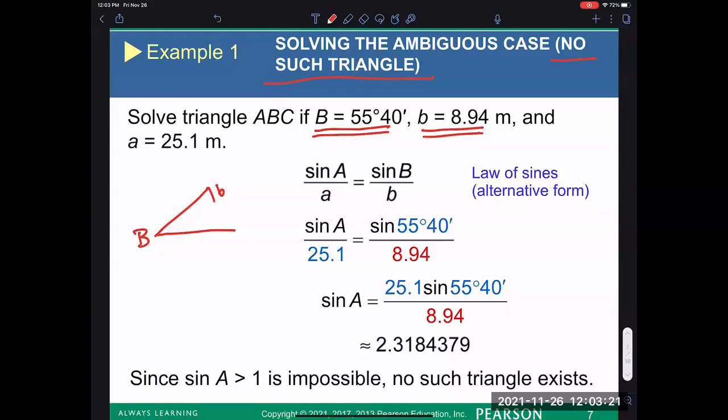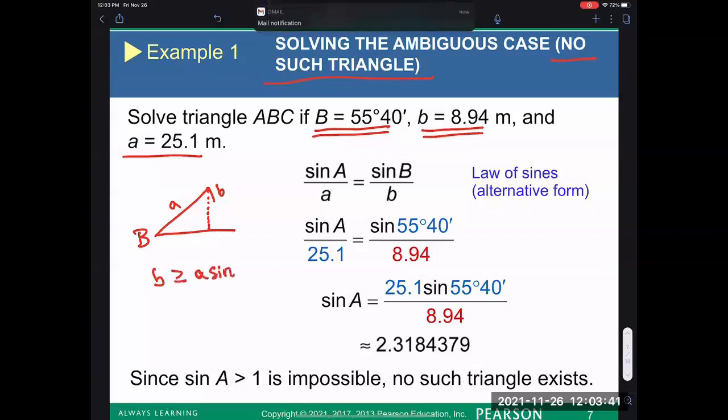And the other side they gave us was A, so side A is over here. We need B to be long enough to get down to the bottom there. We need B to be greater than or equal to A times sine of angle B. If it's equal to A sine B, then we get a right triangle. If it's greater than A sine B, we might get two triangles or one triangle. But if it's shorter than A sine B, we can't make a triangle.